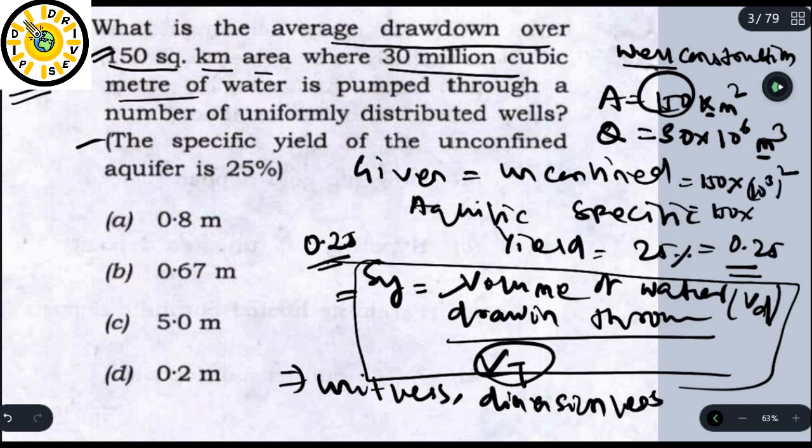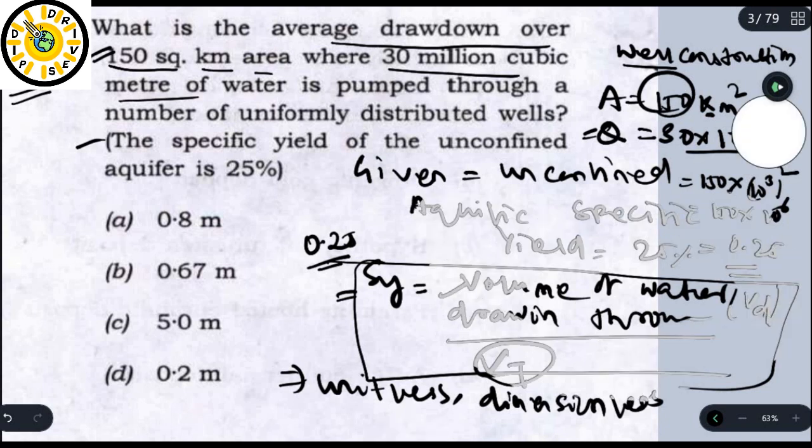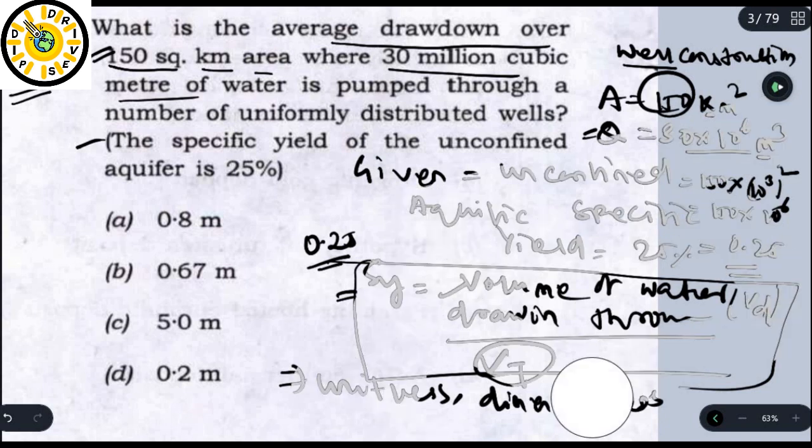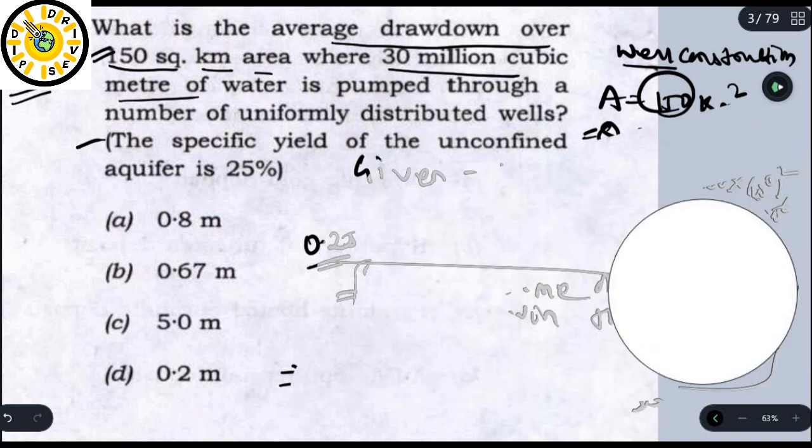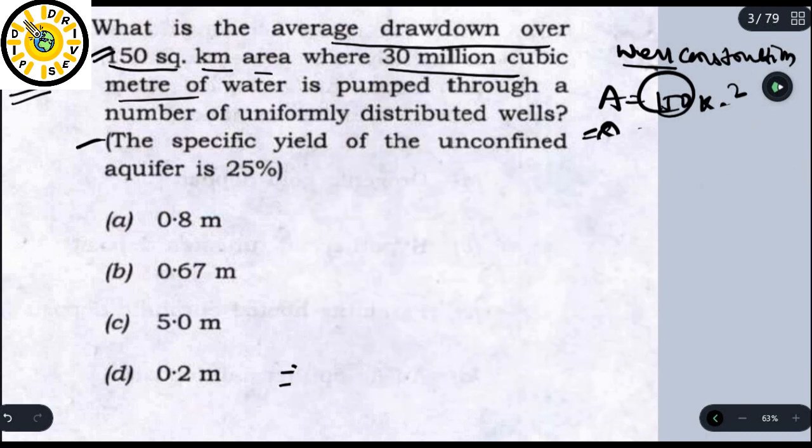So 150 into 10 to the power 6 हो गया. And Q हो गया 30 into 10 to the power 6. ठीक है. हो गया.